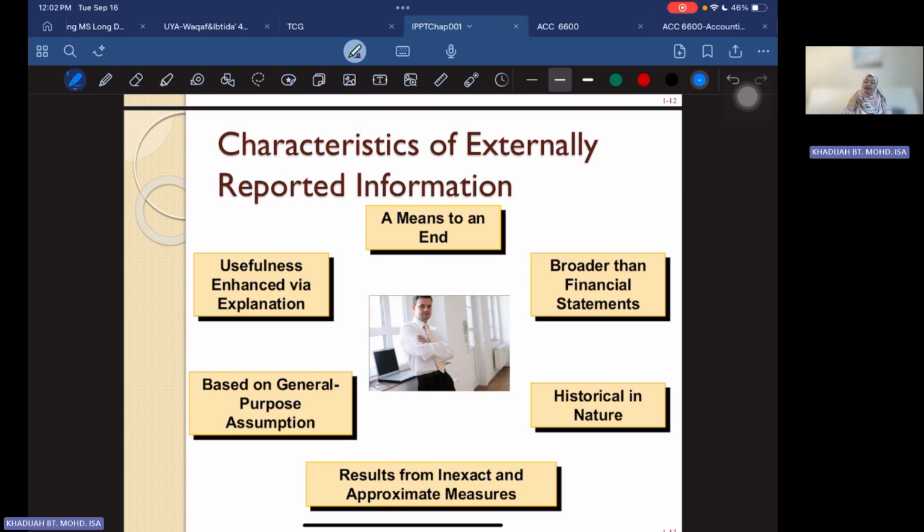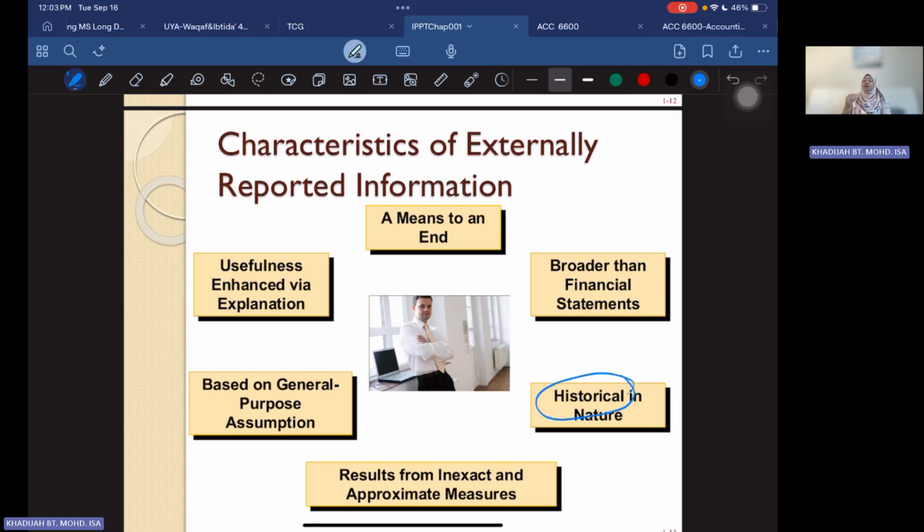All right, and sometimes that financial statement not only talks about the financial, but many other pieces of information can be derived from the financial statements. And historical in nature, of course, remember we talk about recording the financial or business activities. Historical means that we are going to record based on when it happened.